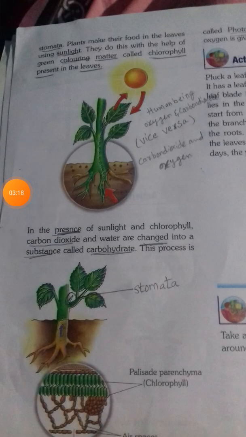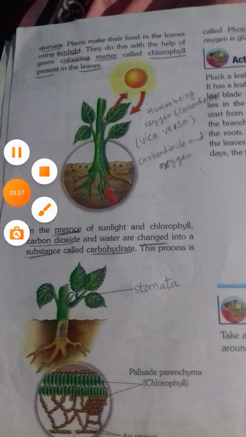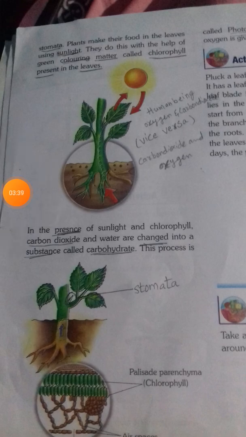In these pictures you can see clearly, children, how a leaf is absorbing sunlight. And in the next passage, in the presence of sunlight and chlorophyll, carbon dioxide and water are changed into a substance called carbohydrate, children.